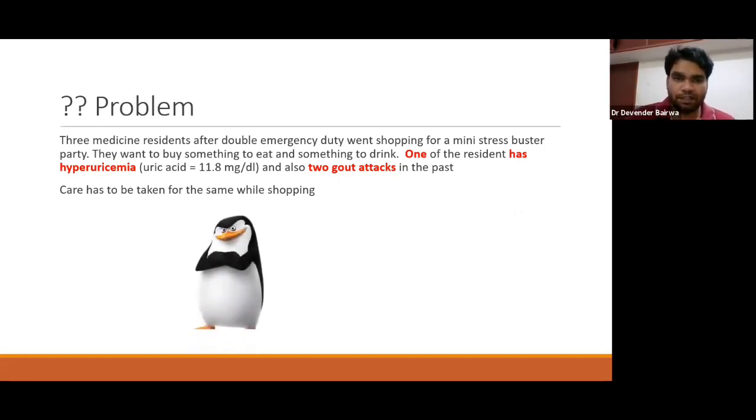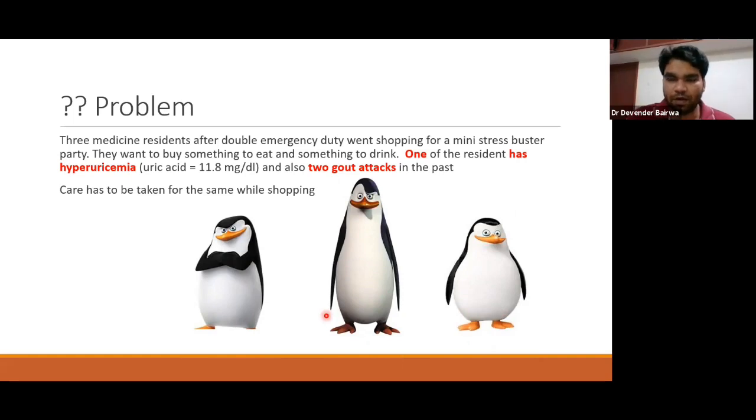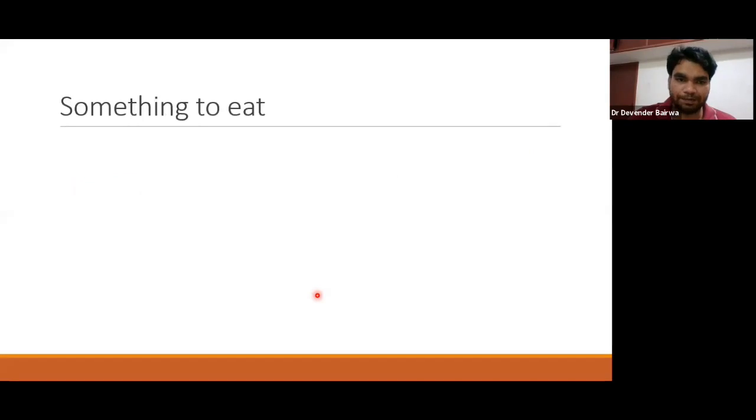This is our first resident, second resident, and third resident. These are Private, Skipper, and Kowalski. All these three medicine residents headed to a party, and now they want to buy stuff. Let's see what options are available.